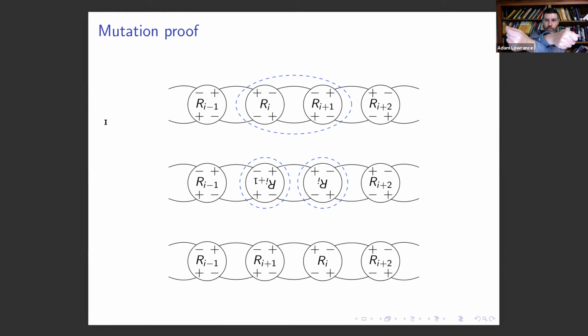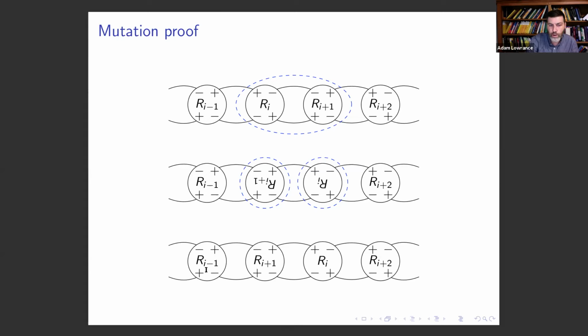That's the first mutation, 180 degrees in the plane, like this. If you do that, then you get the second picture. And now you take the second picture and you flip each one of those circles individually 180 degrees. And what you've done by doing those 3 mutations is you've just interchanged Ri and Ri plus 1.